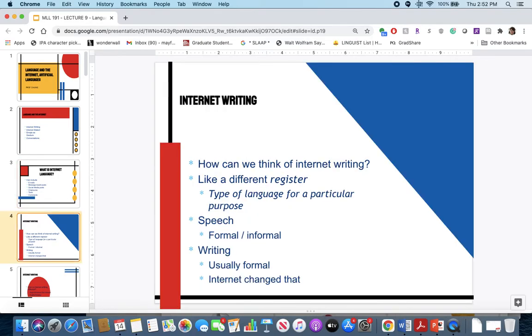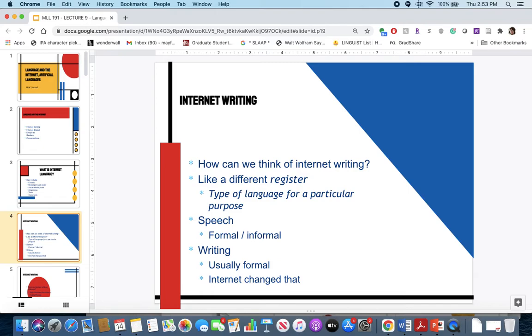And so the ways in which we look at internet writing could be a different kind of register. We'll also talk about register in the next lecture, but think of register as a language for a specific purpose. So when you write on the internet, like I said, it's very different from the types of writing that you do in your everyday life.